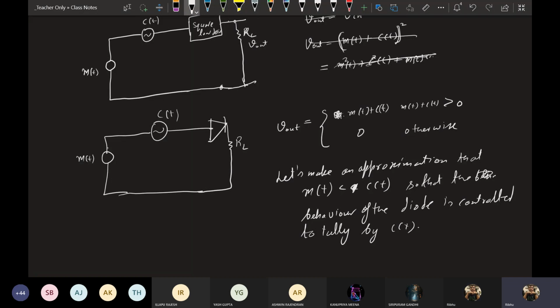Fine. I can make this approximation. Does anyone have a problem with this approximation? No. Okay, great.